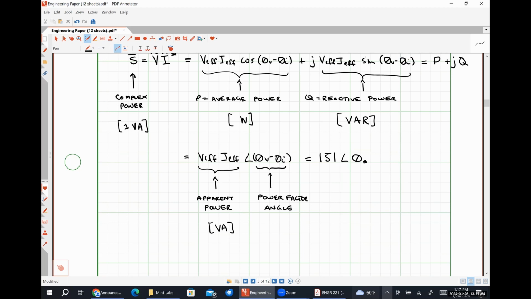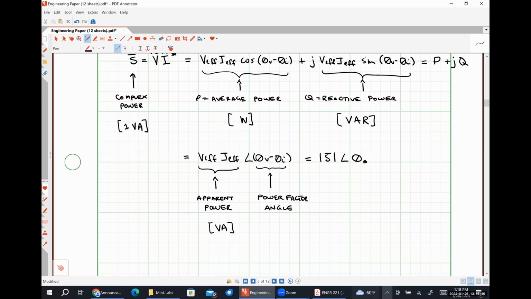So apparent power is literally just the product of the RMS value of the voltage times the RMS value of the current. So it kind of represents almost a worst case condition because there are no phase angles taken into account that could possibly cause the value to be a little smaller, right?